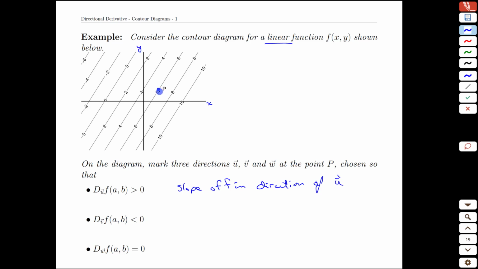So if we want to move uphill, we could pick maybe this direction here and call that our direction u. Notice that that is not the only choice. We could also go this direction. We're still at height 6 heading towards height 8, but it's still going to take us uphill. So there's more than one choice if we're simply looking for a positive slope.